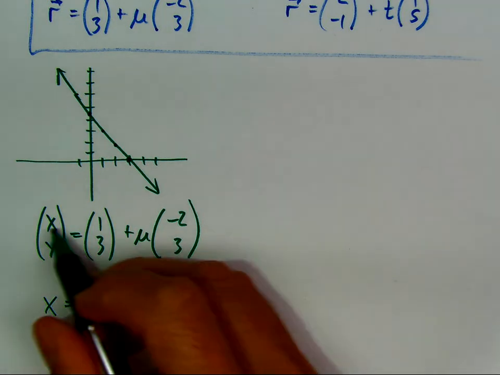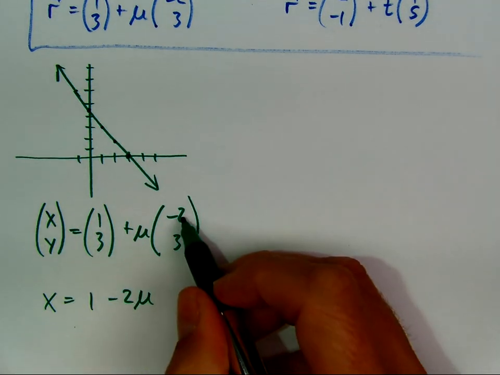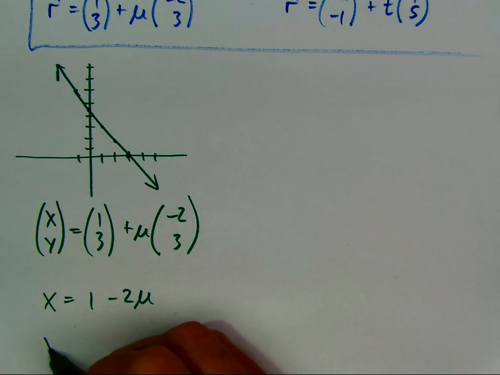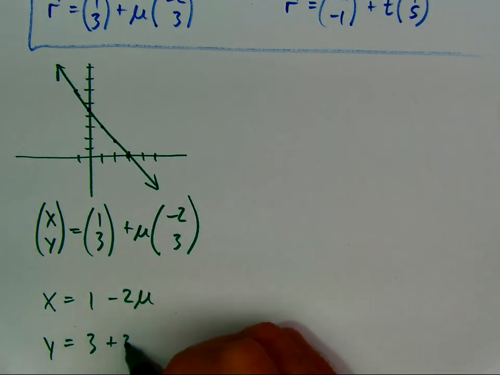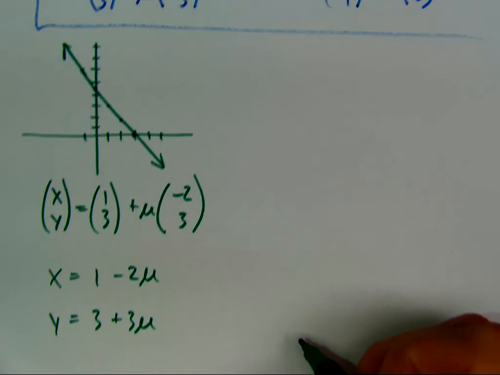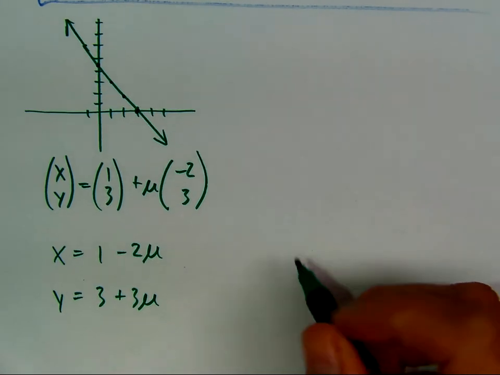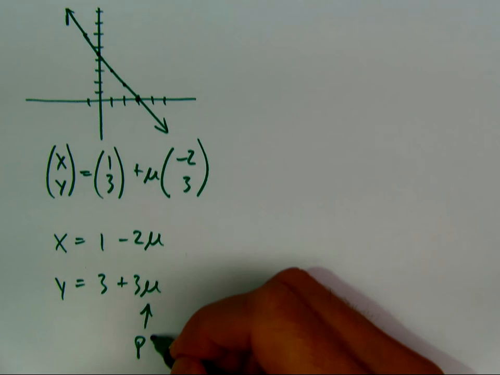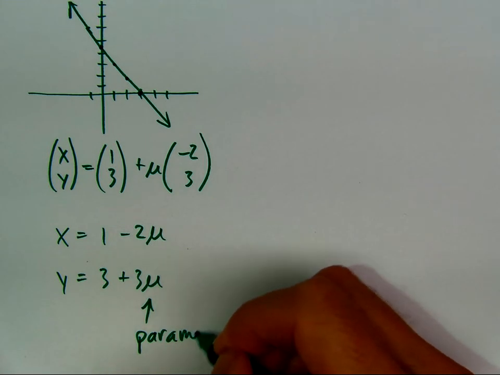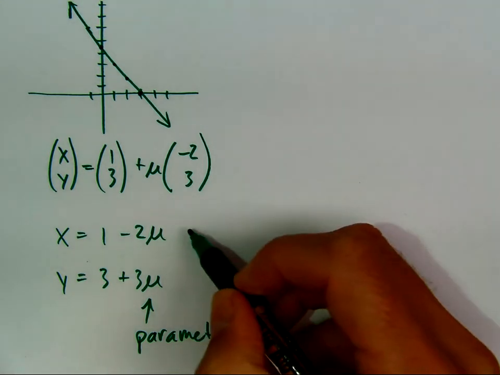There's the top row. All the horizontal components make one equation, and then all the vertical components make the other equation. And this is called parametric form, and that's called the parameter, and that's parametric form.